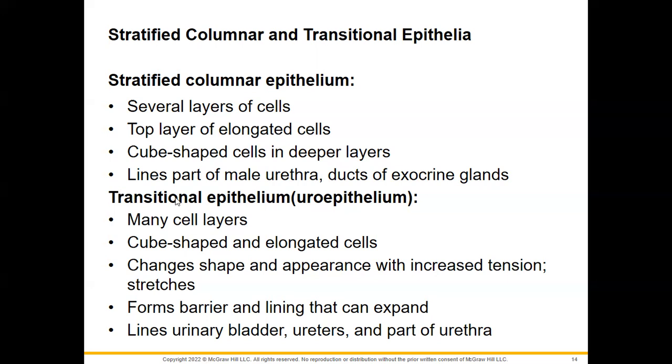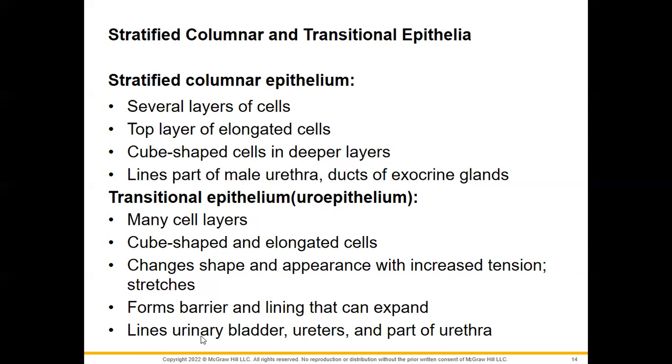The reason why it's called transitional is because these cells have both a cube-shaped and an elongated shape, depending on the position that the tissue is in, depending on the amount of stretch or tension that tissue has. This type of tissue you'll find more in the urinary bladder, the ureters, and the urethra. These are all part of the urinary system.